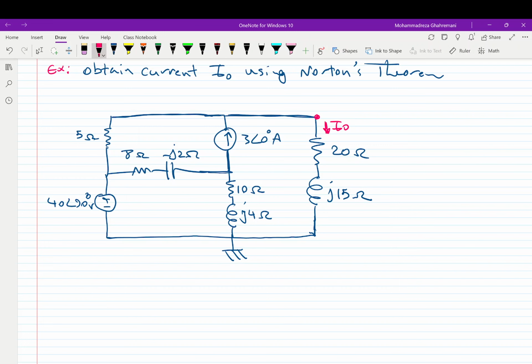IO is this current because it says find the current IO using Norton's theorem. We have to solve this circuit with the Norton equivalent. Otherwise, we could just have 3 loops and find IO. But the problem specifically wants us to solve it with Norton theorem, not mesh analysis.